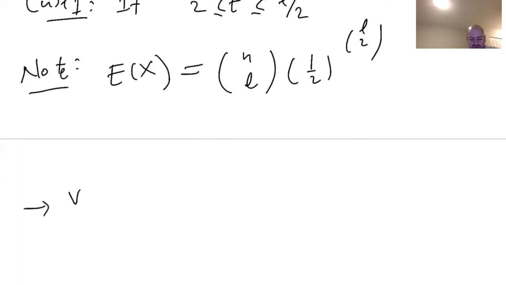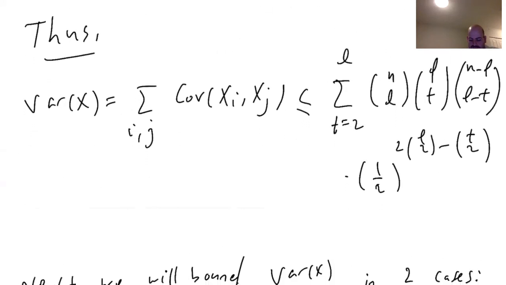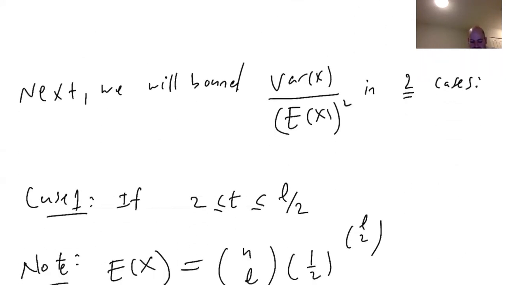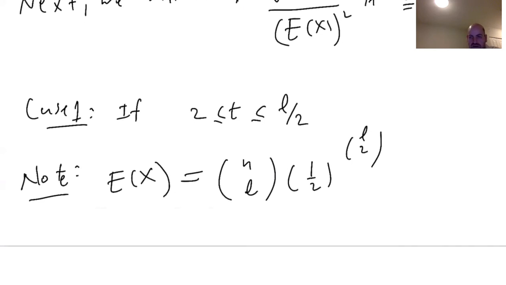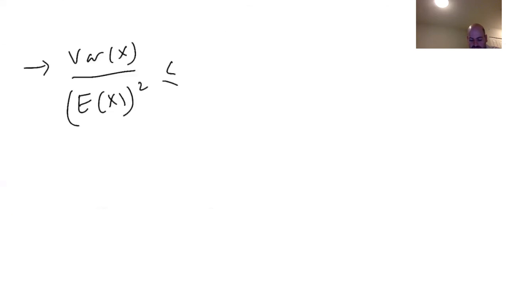So variance X over E of X squared is less than or equal to this number divided by this number. There will be one n choose L in the denominator, because in the denominator is E of X, which is this expression to the power 2.